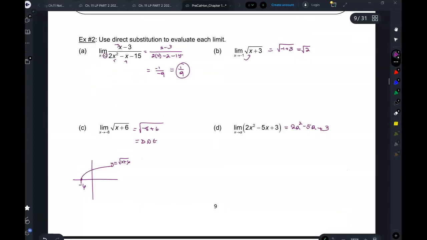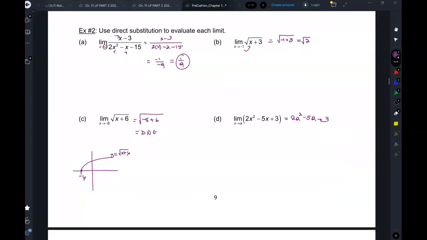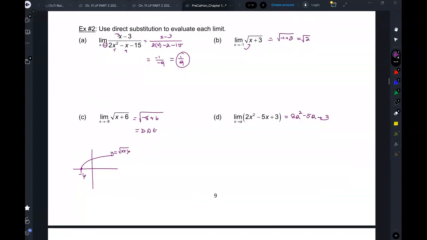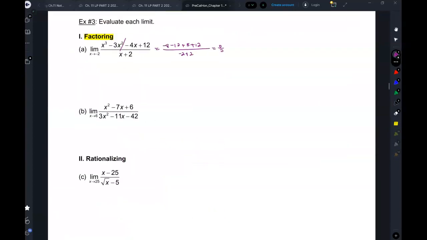Until now, when we were doing direct substitution, as soon as you plugged in the value, we dropped the limit symbol, right? But here, I'm still finding a limit. I'm just changing up the expression. So here, I have to continue putting the limit symbol. So this is the limit as x approaches negative 2. When I factor this, I factor out an x squared and I get x minus 3.